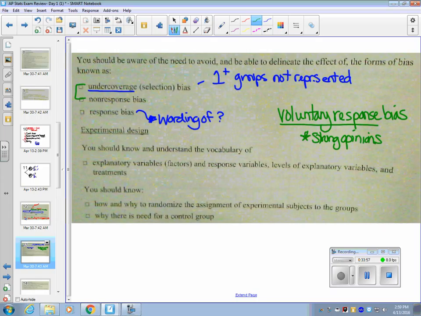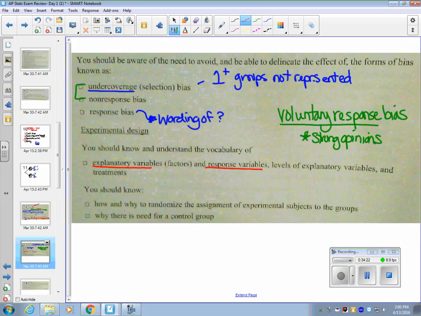We know experimental design. We talked about it, but we didn't talk about the vocabulary with it. So explanatory variables and response variables. What's the difference? That goes with your independent and dependent, the thing we were talking about before. One means independent and one means dependent.